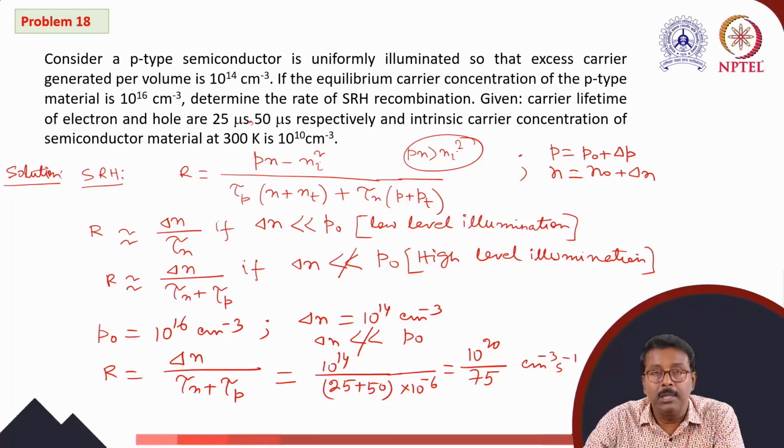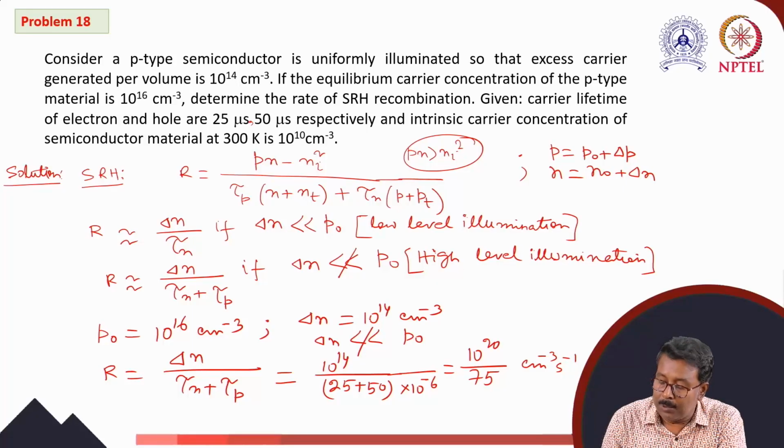Then you compare whether this minority excess carrier density is much less than the majority carrier density at equilibrium or not. If it is, then low level illumination can be assumed, and if they are comparable, high level illumination needs to be considered. In this case, 10 to the power 14 is delta n and 10 to the power 16 is the majority carrier at equilibrium. So delta n is not much less, you cannot neglect it, and the high level illumination formula can be used.